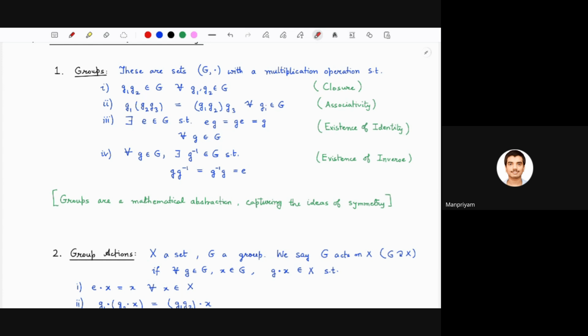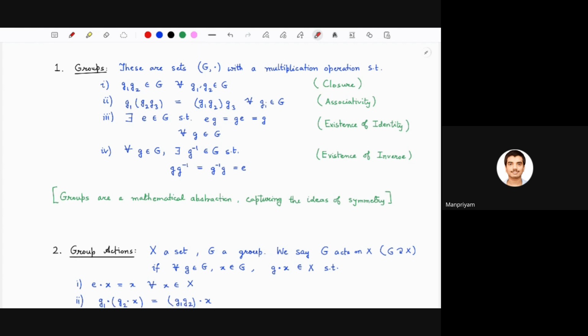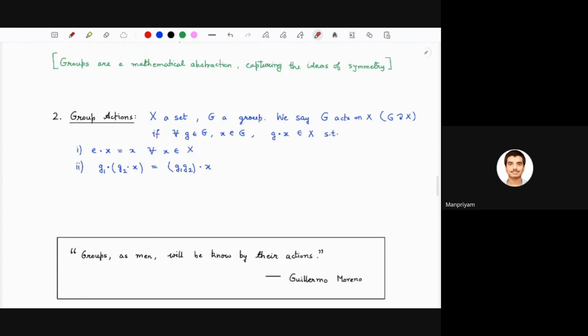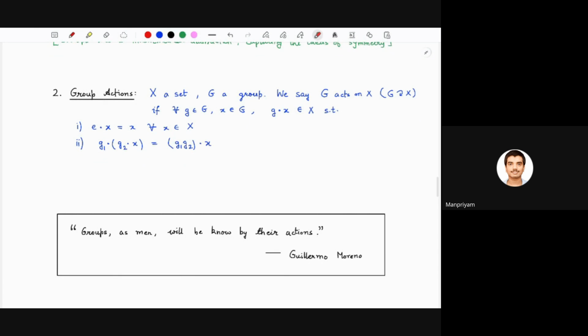I just wanted to mention that these are definitions, and these are, I believe, very sensible definitions. And there's a nice quote by Guillermo Moreno, that groups, as men, are known by their actions. This might seem weird to you right now, but one of the ways to study groups is to act them on different sets and see how those actions behave.